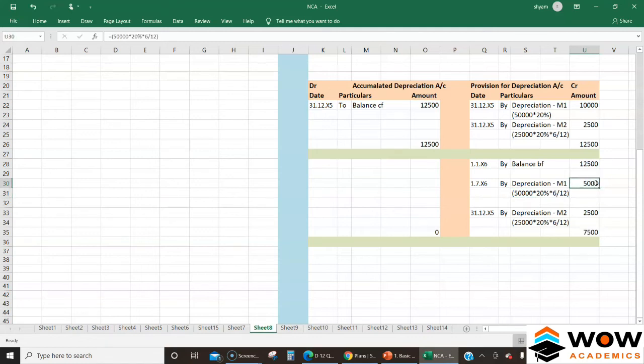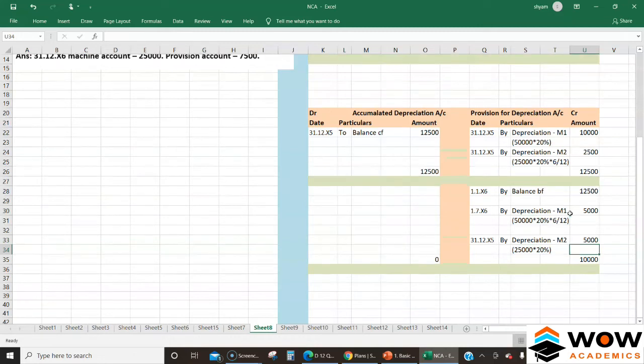That comes to 5,000 rupees. For machinery 2, it's held for the full year, so full year depreciation has to be provided. We can remove the 6/12 there. Thereby we have provided depreciation for both the machines.